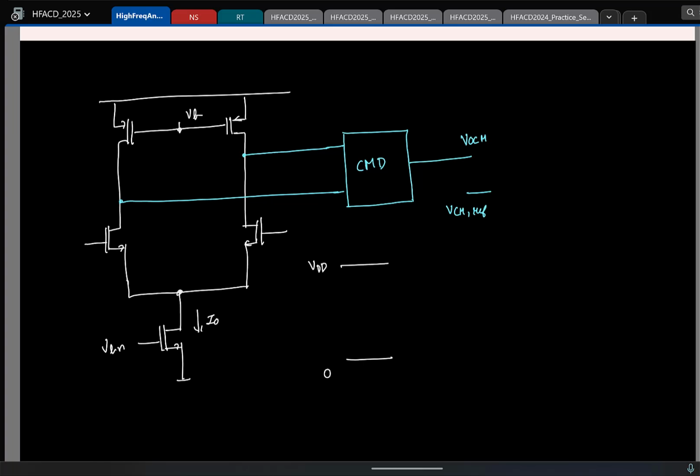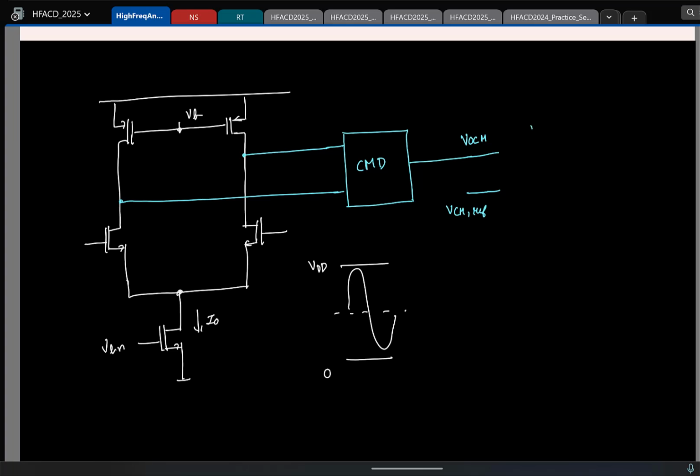What might be a reasonable value do you think we can choose for this output common mode? VDD by 2, because if you choose the bias voltage to be at VDD by 2, then the differential swings can swing symmetrically on both positive and negative side. Right? So typically we do this, but it is not necessary that we should always do this. But it's a reasonable choice. So let us say this is some reference voltage, could be VDD by 2 or anything.